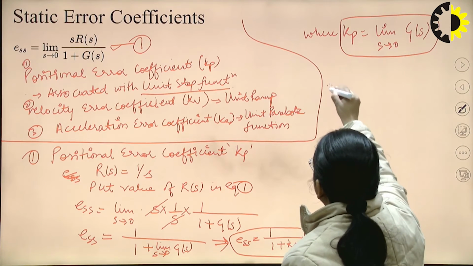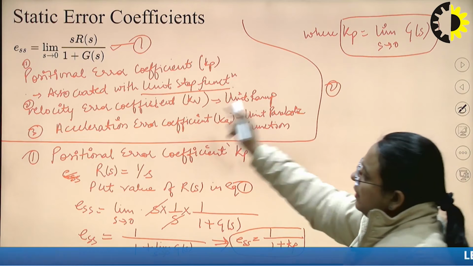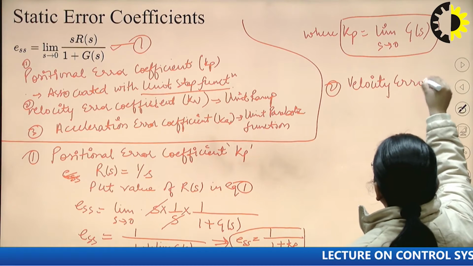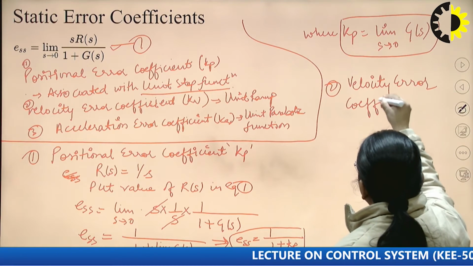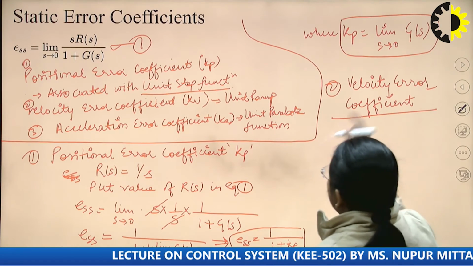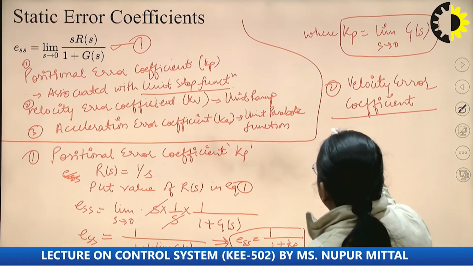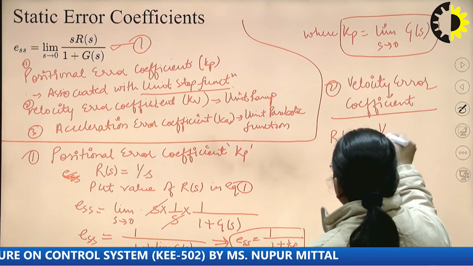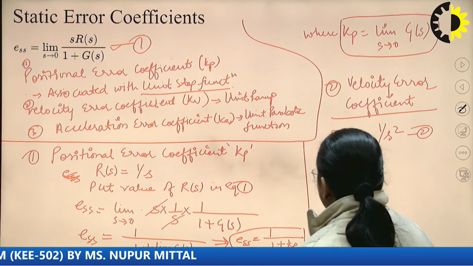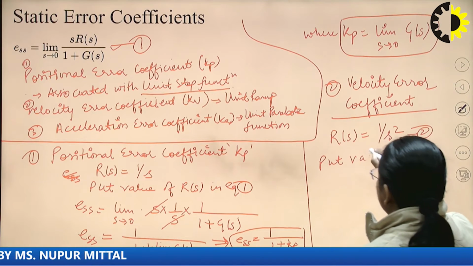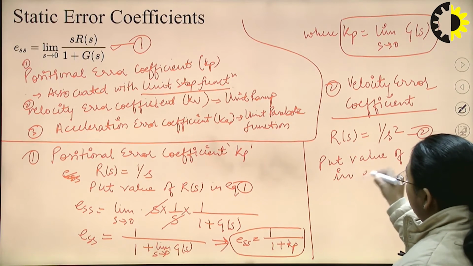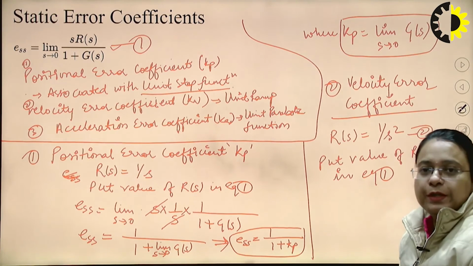Now talking about the second one, that is the velocity error coefficient, which is represented by Kv. It is associated with the unit ramp function, so the value of R(s) here will be equal to 1 by s square. Now put this value of R(s) in equation 1, the equation of steady state error.